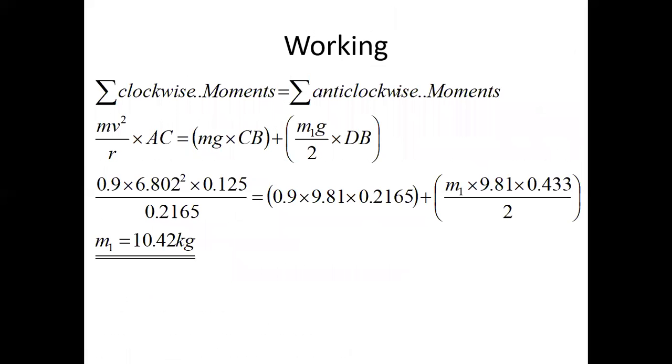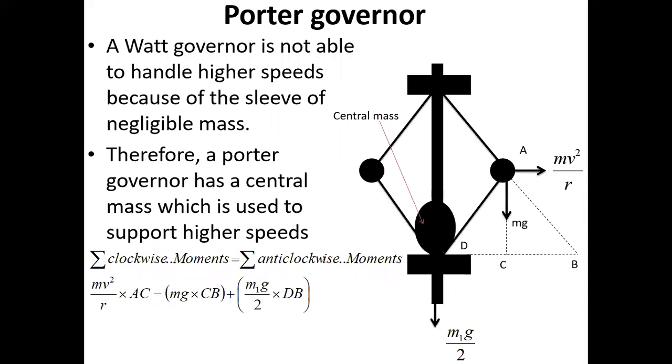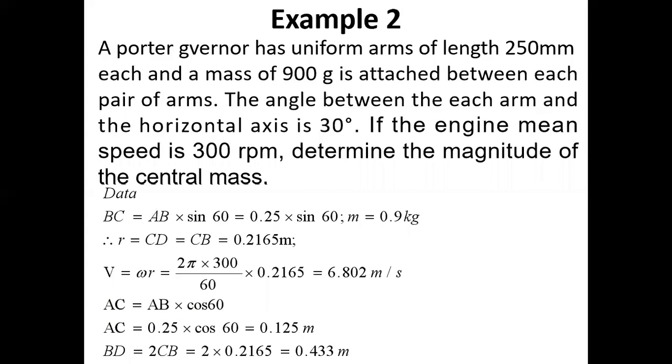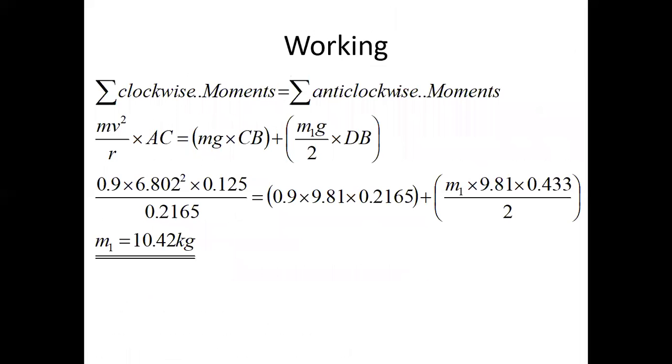With all this, we now need to make use of this expression we derived here after resolving that one. So there we have m V squared over r times AC, which is the centrifugal force giving us the clockwise moment, equals this expression here. This is m1 and this is m, very different ones.